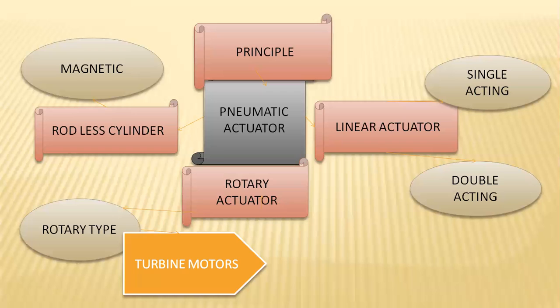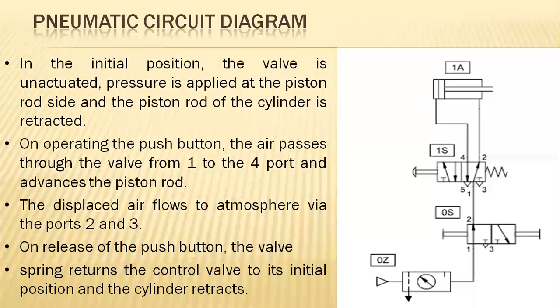These pneumatic systems play a major role indeed to commence the activity very fast. And one more additional factor in the case of this pneumatic actuator is the FRL unit, nothing but the filtration, regulation, and lubrication unit.